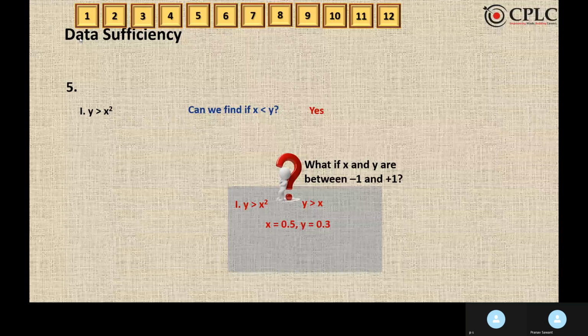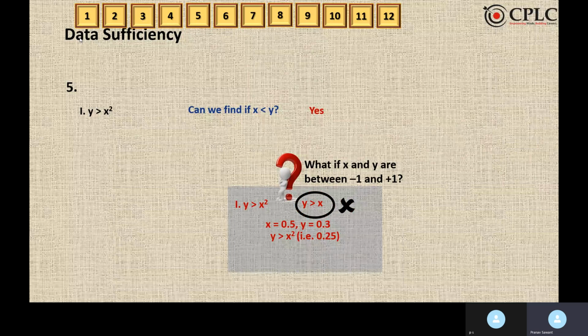Hence, the first statement is definitely not giving us a definite answer. As you can see in the example, the value of x is 0.5, the value of y is 0.3. If you do x square, you will get 0.25. If you do y square, you will get 0.09.